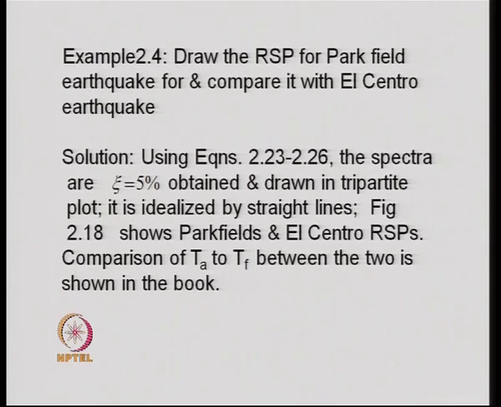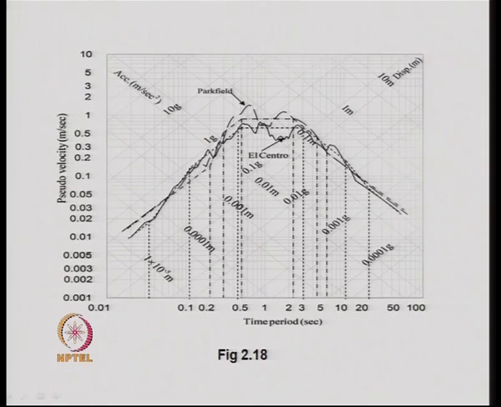For the Parkfield earthquake and for the El Centro earthquake, these exercises were carried out, and one can see the idealized response spectrum for the two earthquakes, this is the El Centro earthquake and this was the Parkfield earthquake.